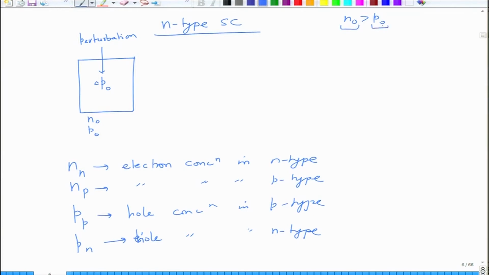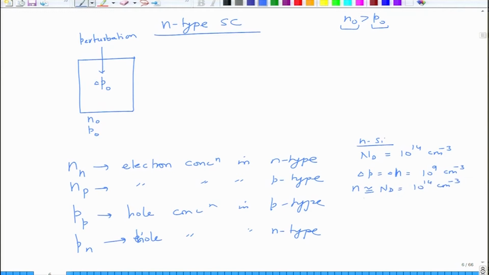Let me give you certain numbers. Let us say we have an N type silicon with Nd equal to 10 to the power 14 per centimeter cube. This is subject to a perturbation such that delta p equals delta n equals 10 to the power 9 per centimeter cube. Now if Nd is equal to this much, then n is approximately equal to Nd, which is 10 to the power 14 per centimeter cube.